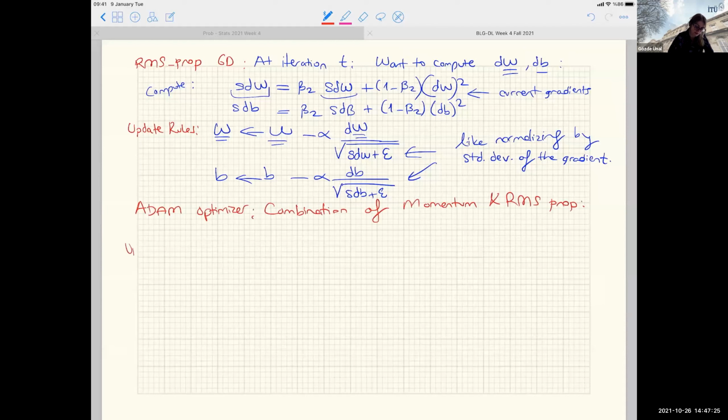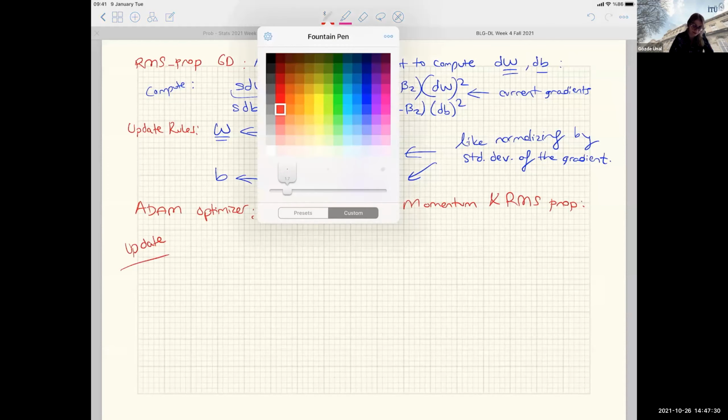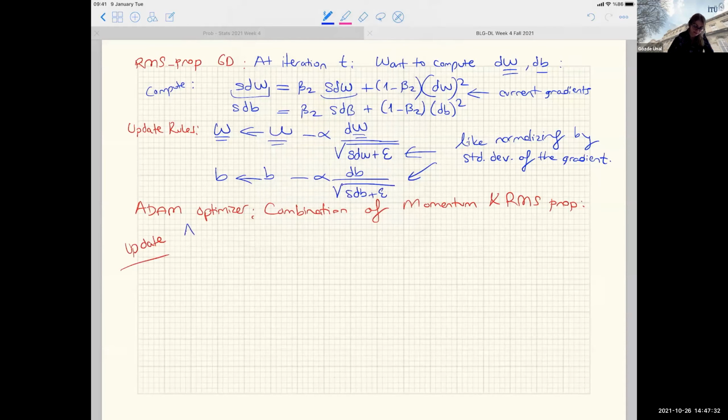So, updates. Now I'm not writing the calculation of these other terms; we've already written them. The update at iteration t: W takes W minus alpha times dVW bias corrected over the square root of SdW bias corrected.